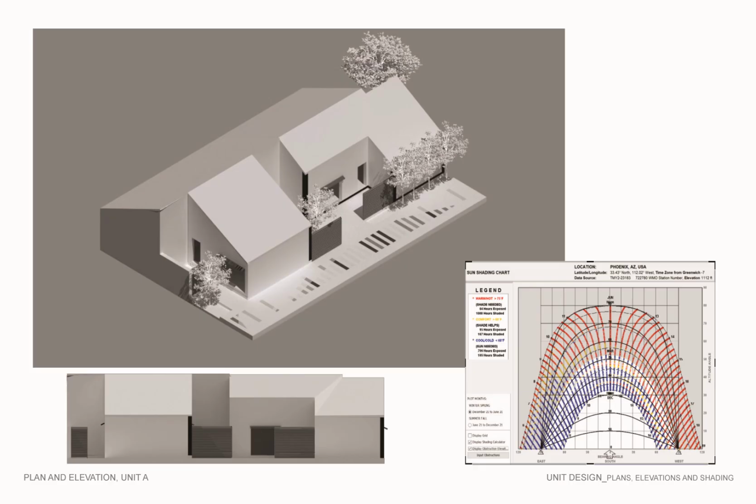The sun shading chart demonstrates how the units will be exposed to sunlight throughout the year, with clear distinction between the hours of sun exposure and shading.